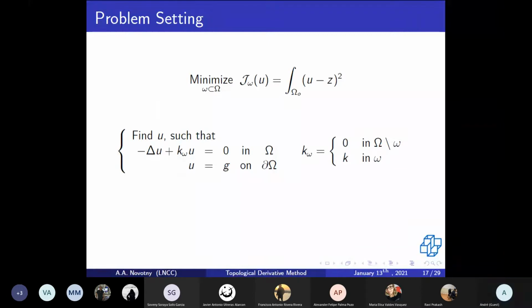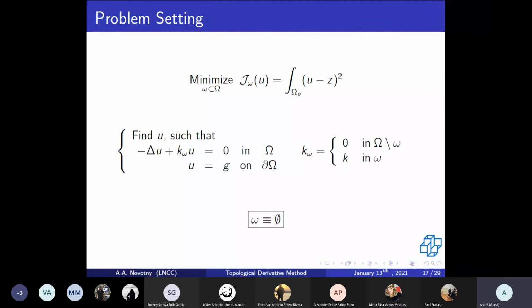Of course, if omega coincides with omega star, we have that U is equal to zeta everywhere, and in particular over omega O, and then we get the minimum. So we want to minimize this quantity with respect to small omega, provided that we know the value of k.